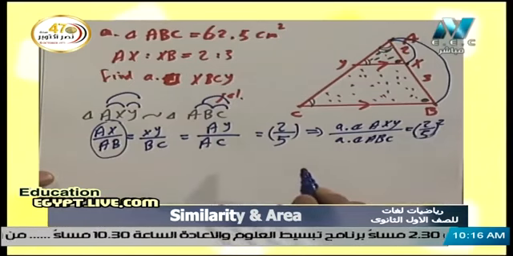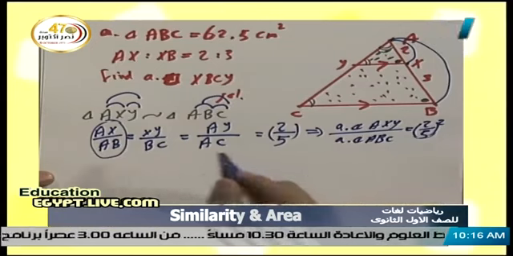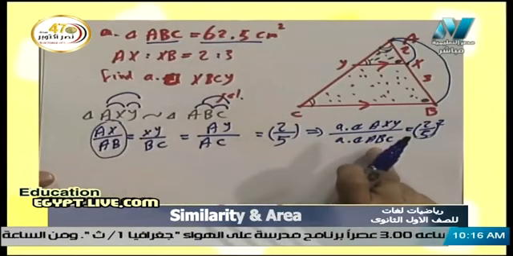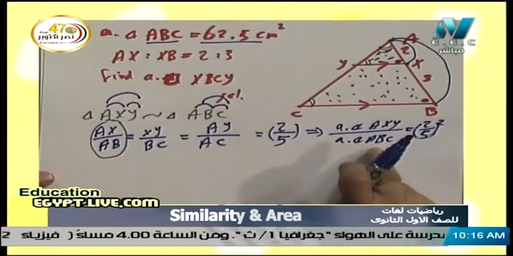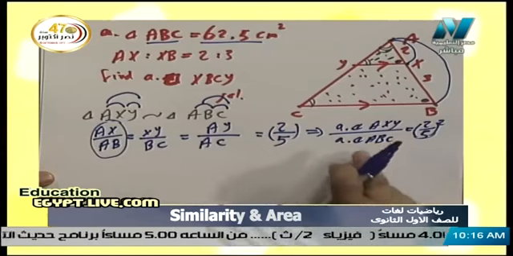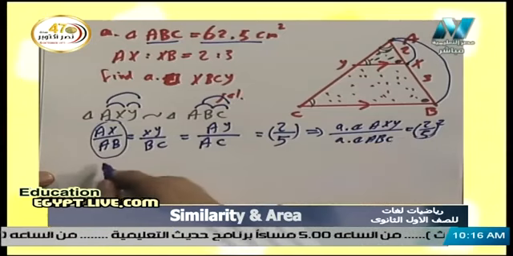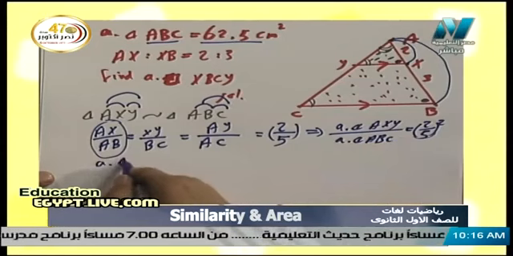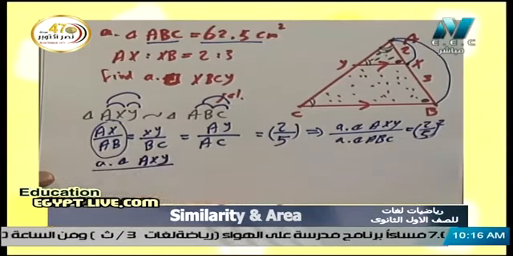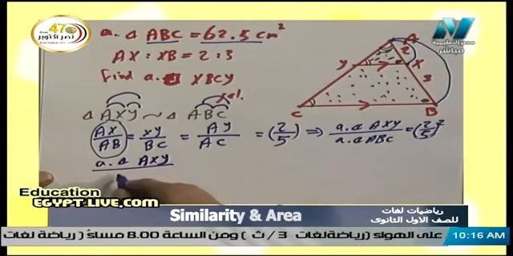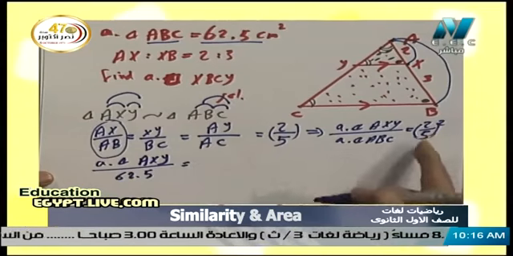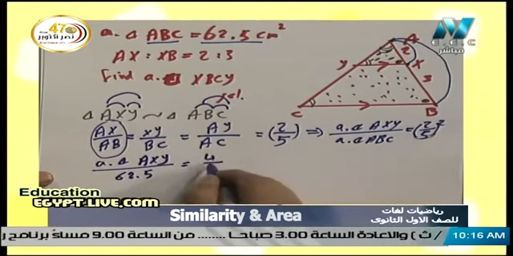Okay, now we have the area of triangle ABC, which is the bigger one, which is in the denominator here, equals 62.5 square centimeter. So by substitution, we will get area of triangle AXY over 62.5 equals 4 over 25.